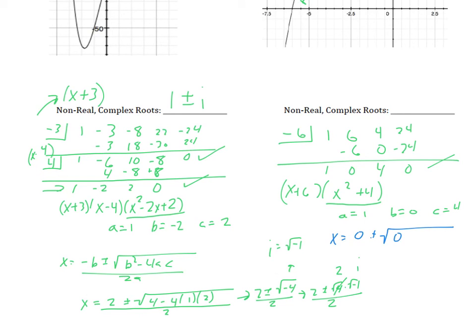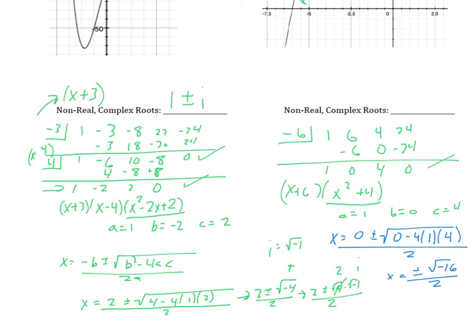Well, that's just 0, minus 4 times a times c, which is 4, all over 2 times a, so that's just 2. So our x equals plus or minus the square root of negative 4 times 4, which is negative 16, all over 2.